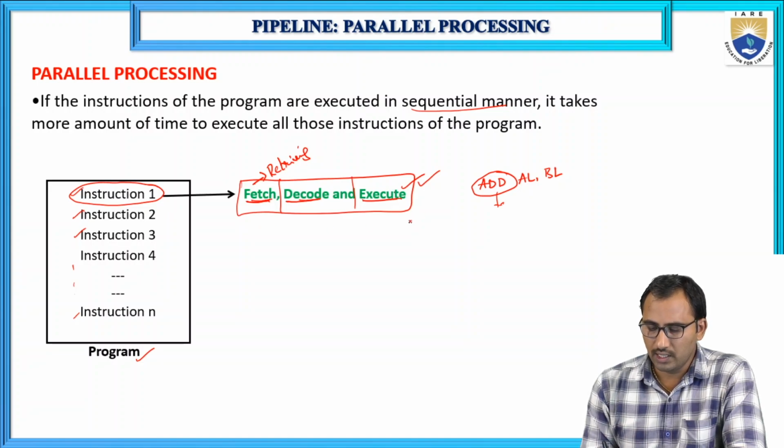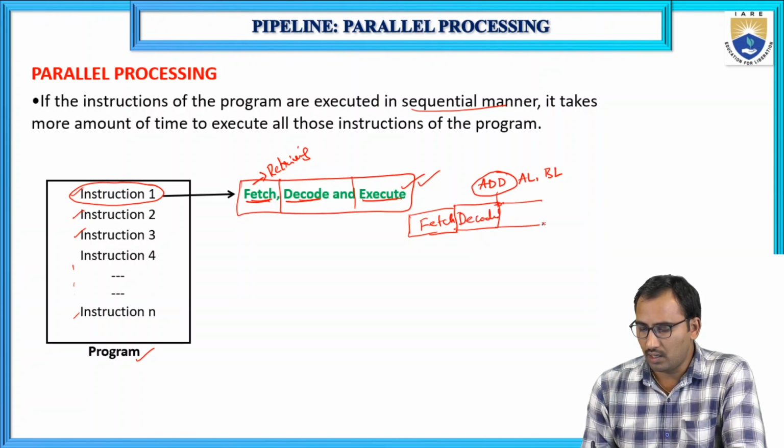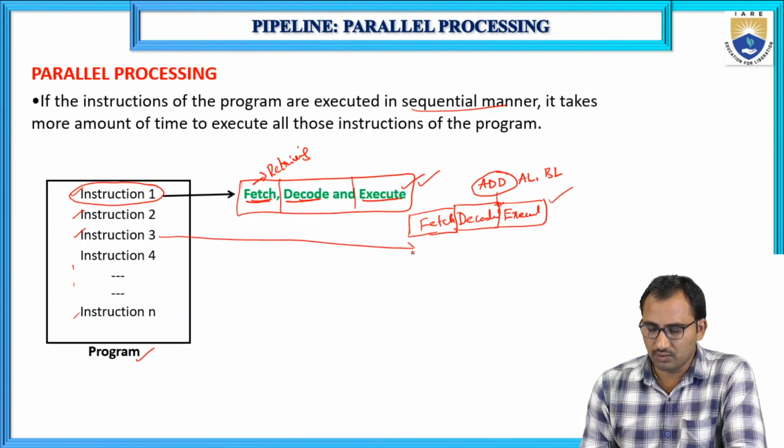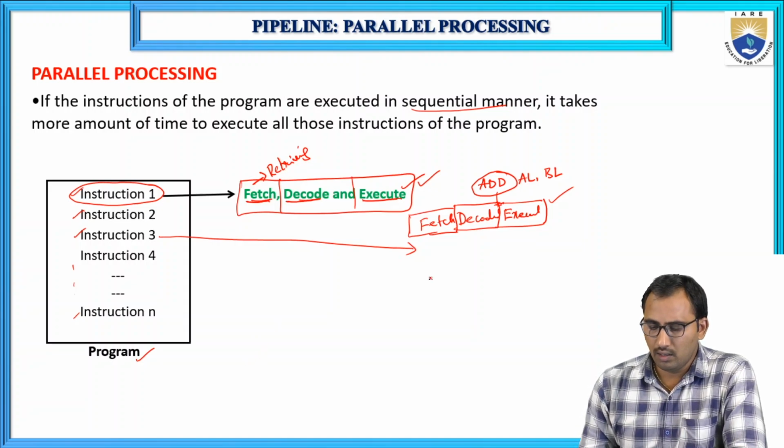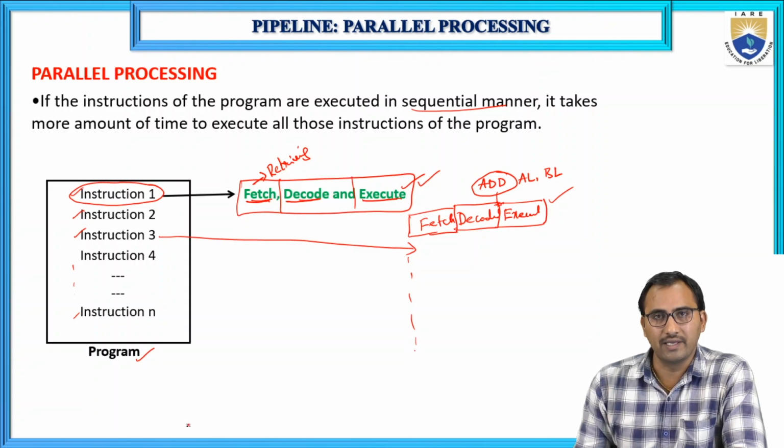Then it will be decoded, and after that executed. Whenever the second instruction completes its execution, only then will the third instruction be fetched from the memory. Like that, all the instructions in the program get executed.